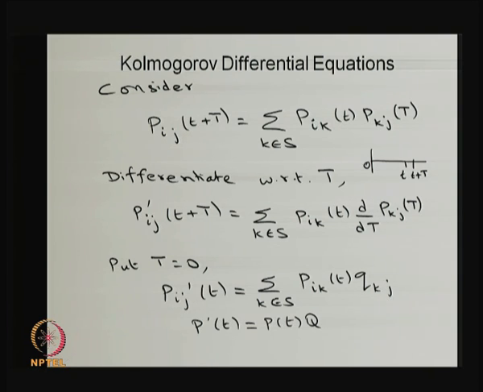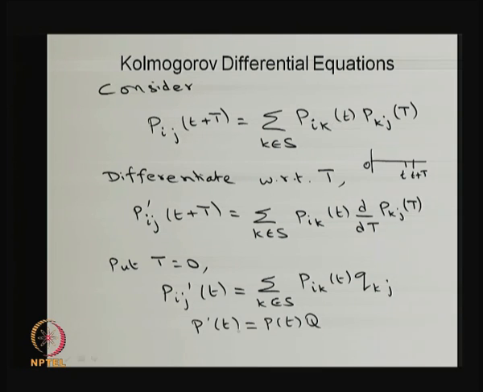In a matrix form, I can write p i j of t as forming a matrix. So, the p dash of t is the same as p of t times Q. This is a matrix and p of t is also a matrix, and p dash of t means each entry is differentiated with respect to time t.